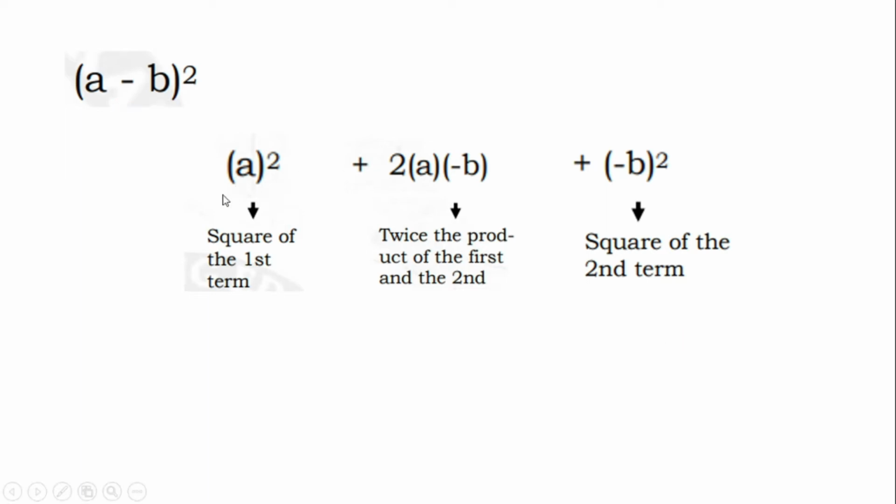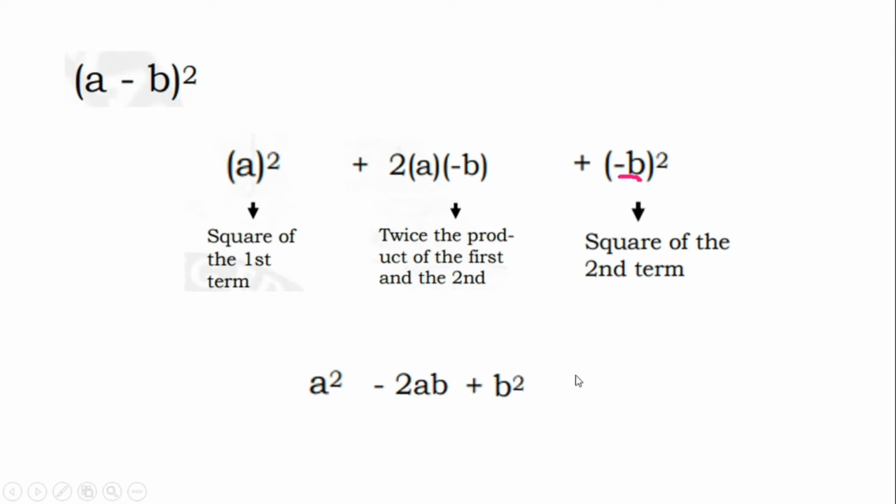So, simplify natin. Si a squared yan. Tama? And then, si 2 times a times negative b, understood na may 1 yung numerical coefficient, this is negative 1. So we have 2 times negative 1, that's negative 2. Tama? Negative 2, and then we have ab. So we have negative 2ab. And then, si negative b squared, kapag in-square natin, negative b times negative b, that is positive b squared.